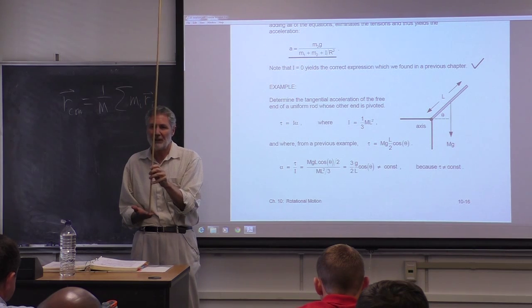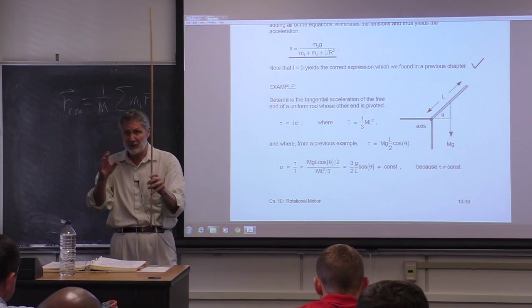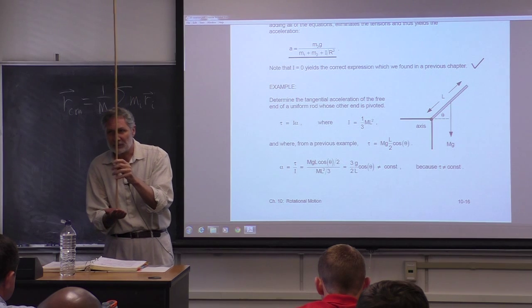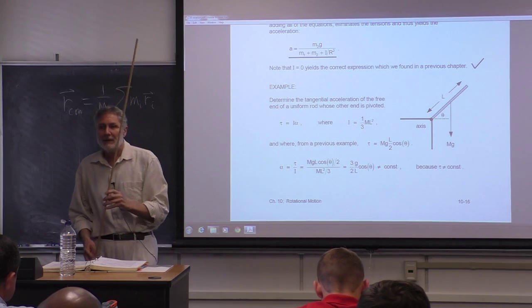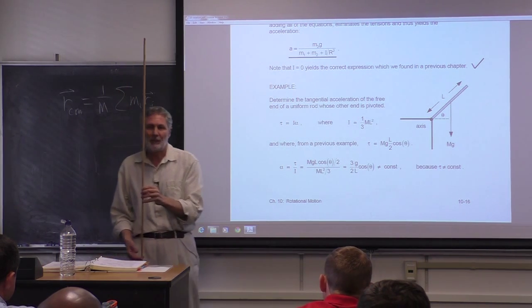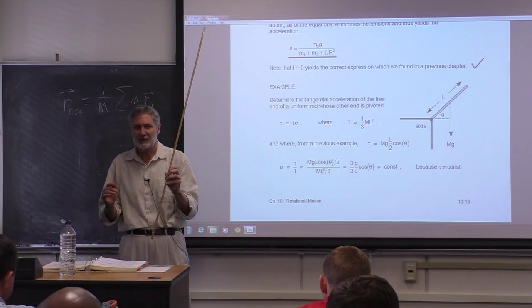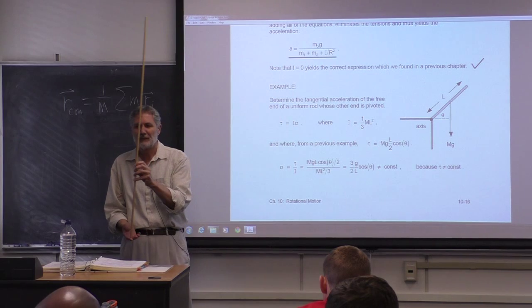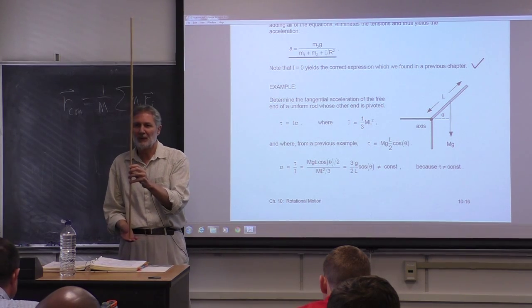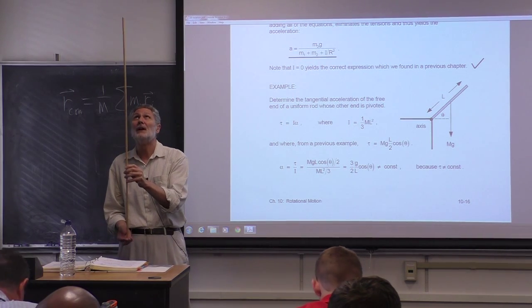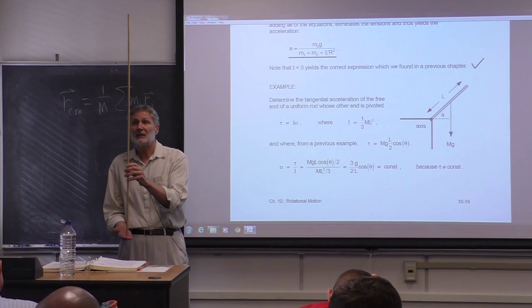It'll stay there, right? If there are no fluctuations, no air in the room, and this was a perfect support, and you don't worry about quantum mechanics. This is a classical mechanics course, right? So forget I said quantum mechanics, but that would actually cause it to eventually move. But anyway, classically, that thing will just stay there.